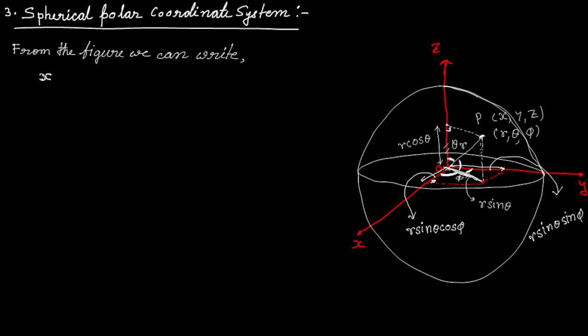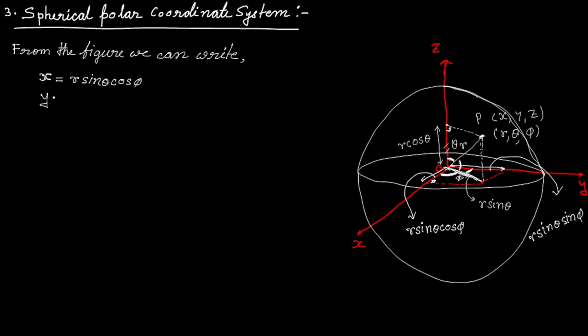What will be the value of x? It is the projection length of R on the x-axis. From the figure we can write this projection length is actually R sin theta cos phi.